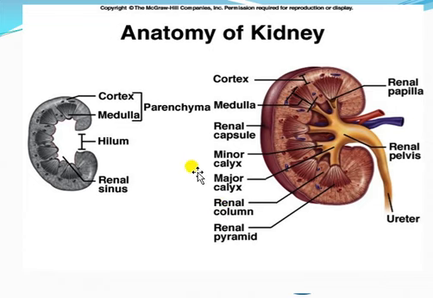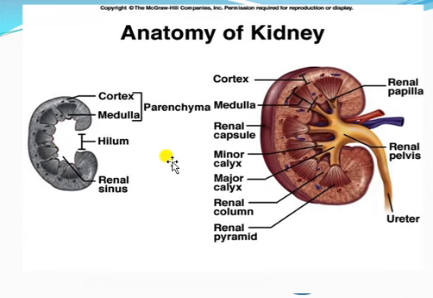See, this is the structure of the kidney. The outer layer we call the cortex, the inner layer we call the medulla. In the middle, the hilum means a hook, like a small hook, so we call it the hilum. This part we call the renal sinus.